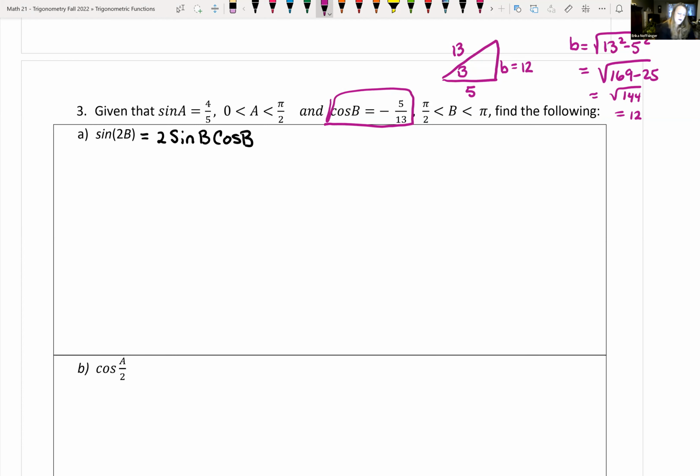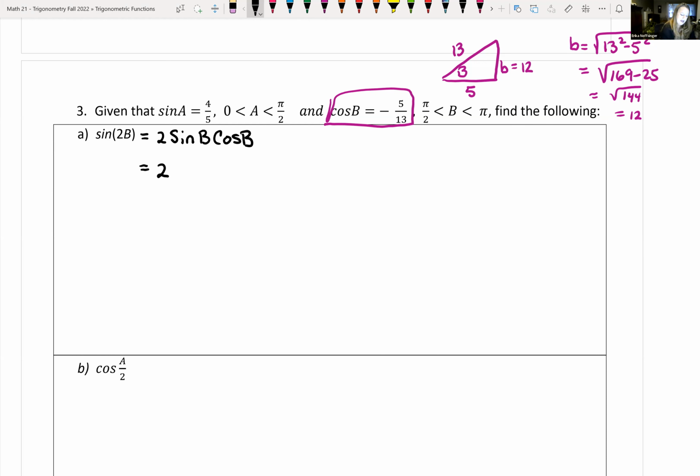So now I can go in here and plug in what we have. This is equal to 2 sine of B. Sine of B is opposite over hypotenuse. We're in the second quadrant, so we know sine is positive there.